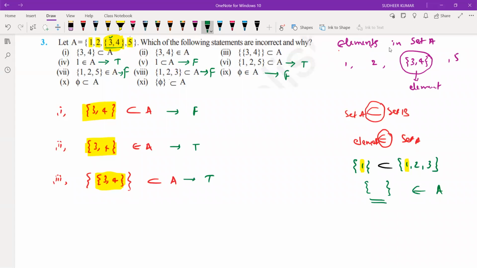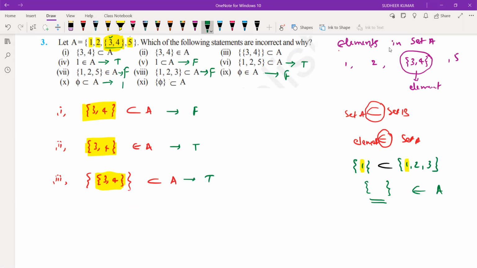Next, come to the 10th one: 5 subset A. 5 means null set. We discussed in the previous class the concept that null set is a subset of every set, isn't it? Yes, sir. So is it true or false?